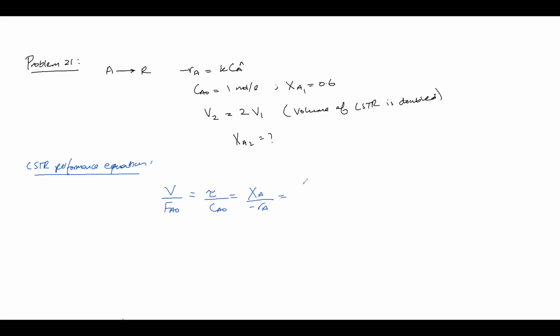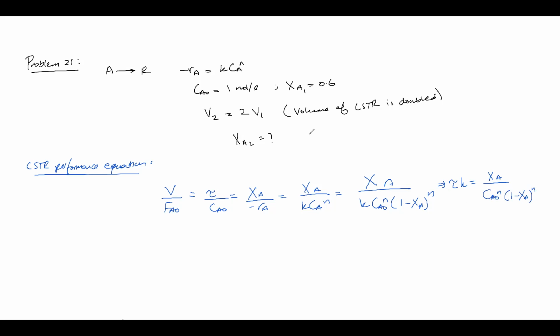In this case, it will be XA over K CA to the power N. I can rewrite this in terms of conversion: XA over K CA naught to the power N into 1 minus XA to the power N. Since I have volume, I need to relate the tau K. So I can rewrite this as tau K is equal to XA divided by CA naught to the power N over 1 minus XA to the power N.